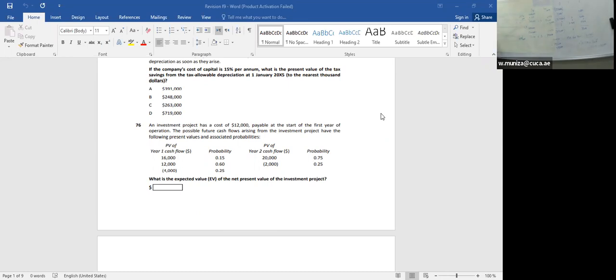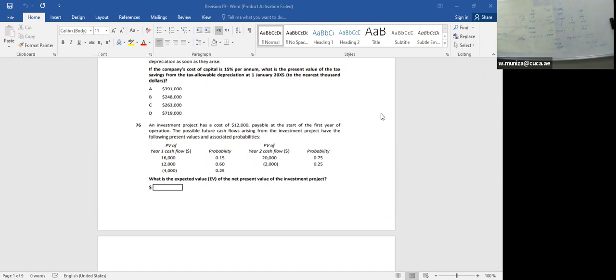So first we calculate 16,000, its probability is 0.15. 16,000 multiplied by 0.15. Then plus 12,000 multiplied by 0.60. Then plus, the last one is in negative, 4,000 multiplied by 0.25. This is the expected value of the cash inflows.